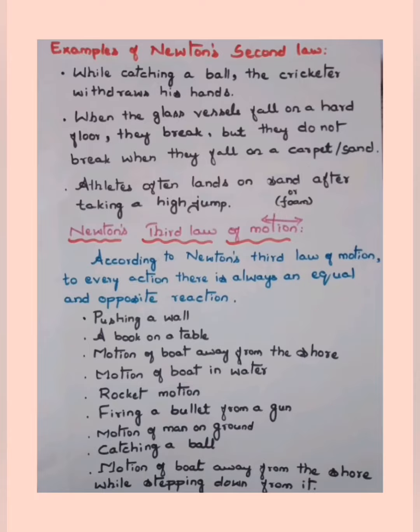Suppose instead it takes 10 seconds to fall, because there is a thick carpet, and it falls slowly on it. By pushing downward, the carpet takes a little more extra time. So 10 by 10 gives us 1 only. So the force applied on the glass vessel is 1 Newton. Hence the force is decreased, hence it will not break.